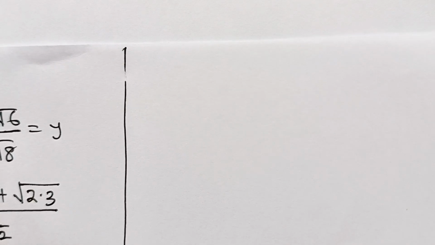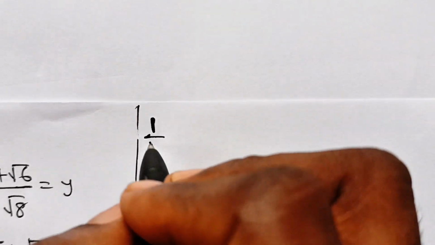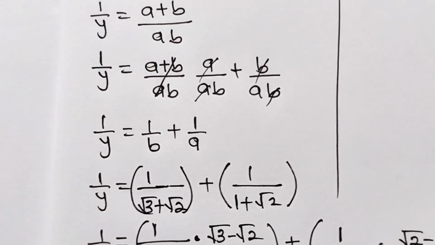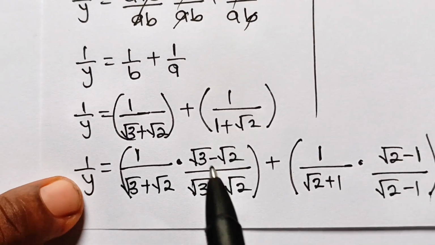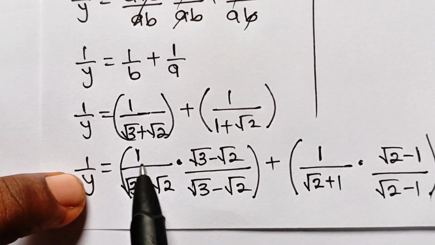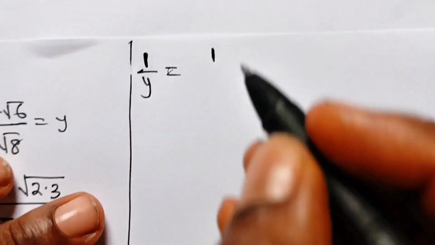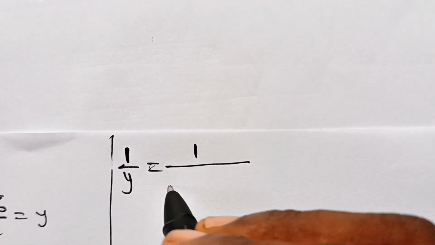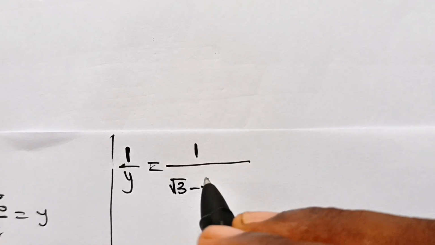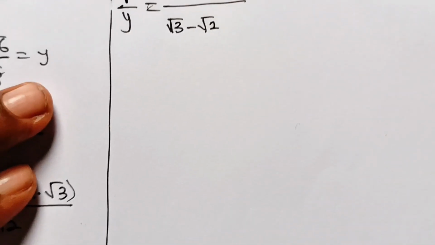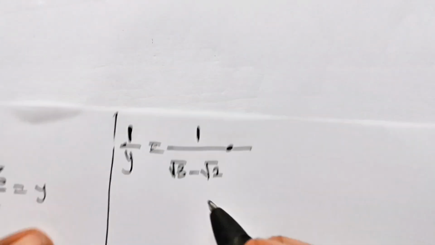Okay, so I'm going to write the last thing we wrote. So y, 1 over y is, so this is where we are here. So we are going to have 1 multiplied by root 3 minus root 2 as our numerator, 1 over root 3 minus root 2 multiplied by its conjugate.